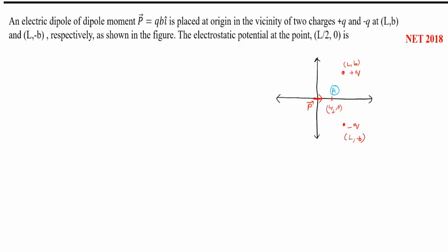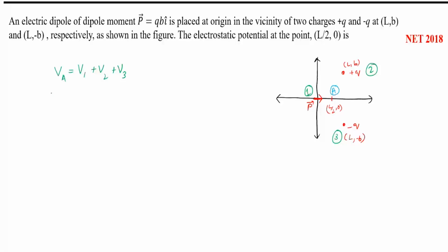Now, this is very simple. I will call this system 1, this one 2, and this one 3. So the V at A will be a contribution of V1, V2, and V3. I can just add it because electrostatic potential is a scalar quantity, right? So I can simply add it.